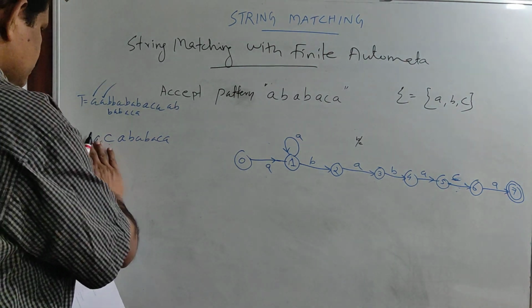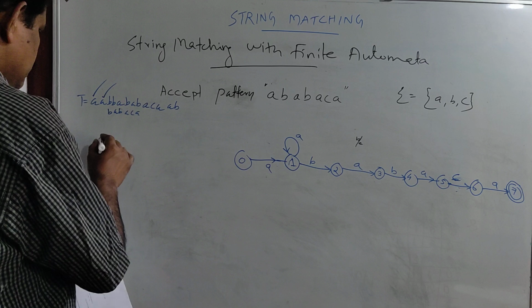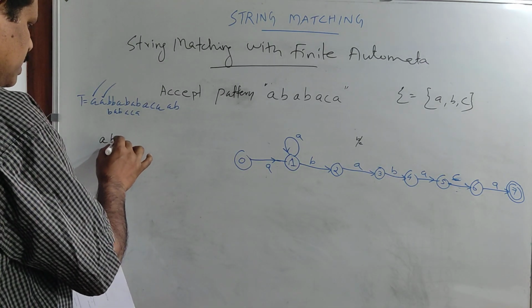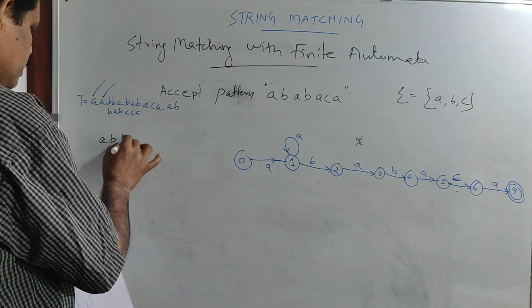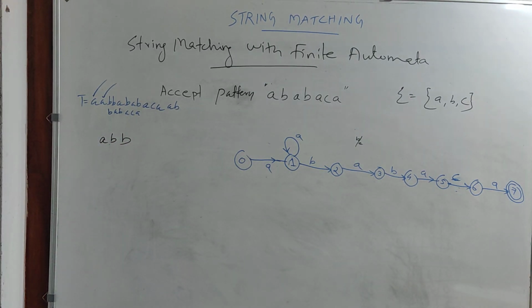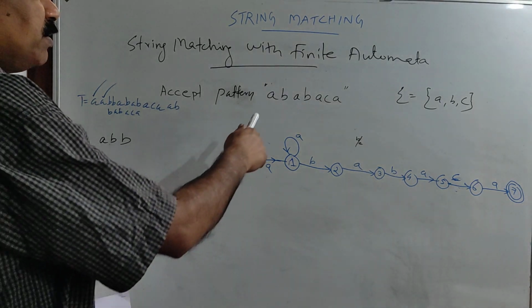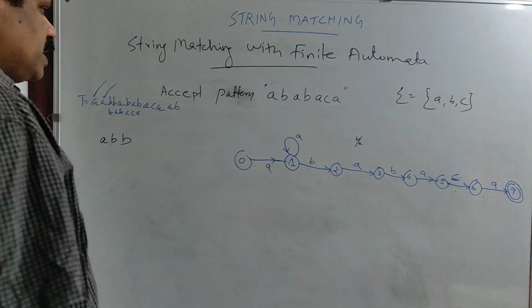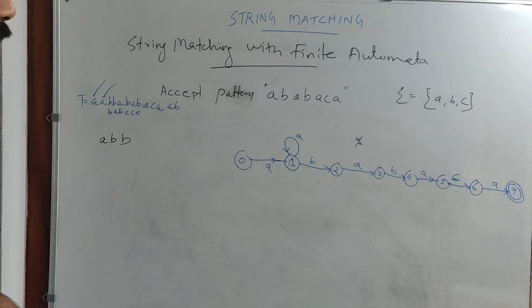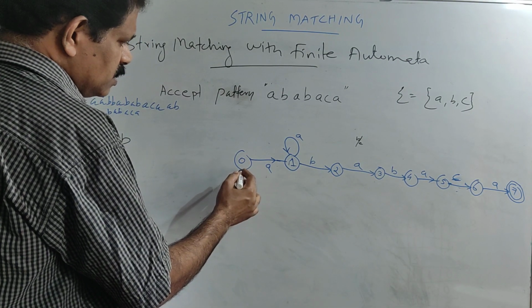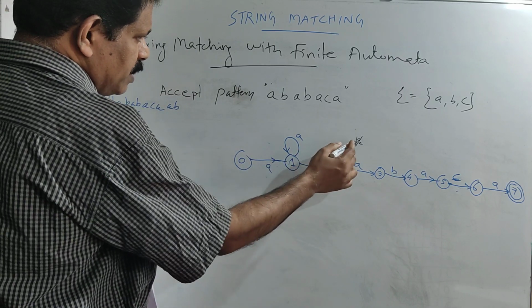The state has received the string A, B. It is expecting A, instead it is getting a B. With A, B, B, there is no chance of finding the pattern. So it has to come back to state 0 on getting a B or C.